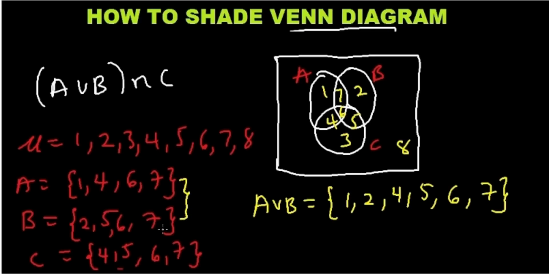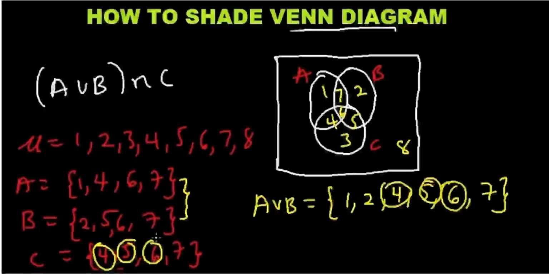That's the union. Then I want to find what is intersecting here. I think I have 4 here. It's intersecting 4, and I have 5 and 6 intersecting in both cases. Is 7 intersecting?